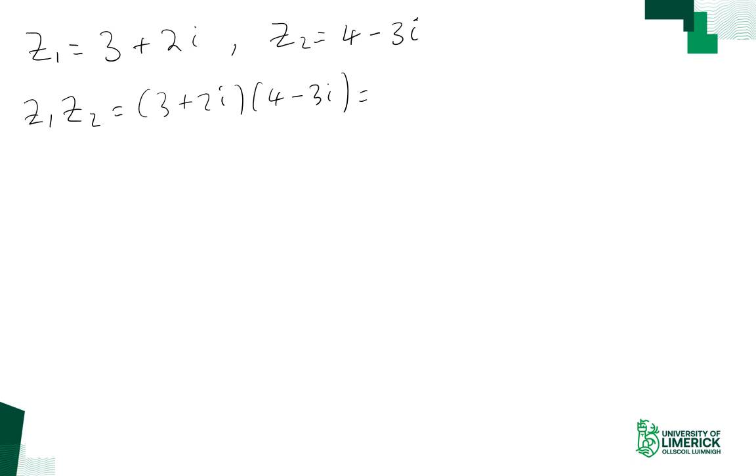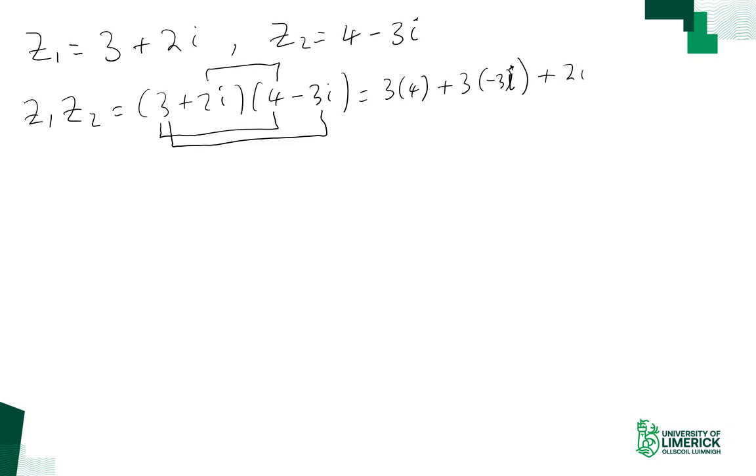Multiplying this, we first multiply 3 by 4, then we multiply 3 times minus 3i, then we multiply 2i and 4, then we multiply 2i and minus 3i.